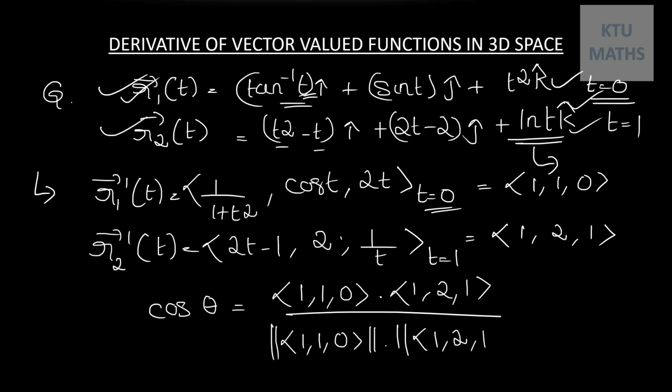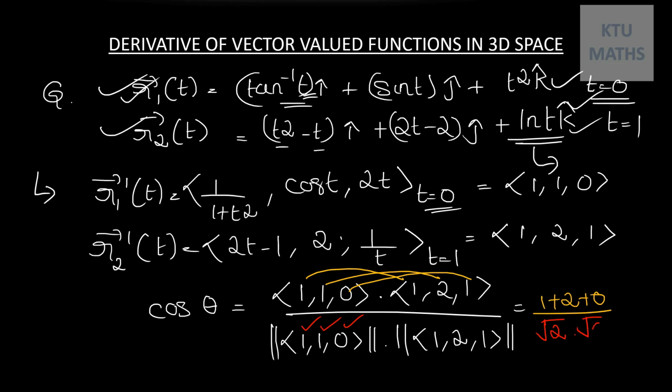By calculating this, we get 1 into 1, 1 into 2, and 0 into 1, that is 1 plus 2 plus 0. The magnitude of the first one would be root of 1 square plus 1 square plus 0 square, that is root 2, into root of 1 square plus 2 square plus 1 square, that is root 6. Then the answer would be 3 by root 12.